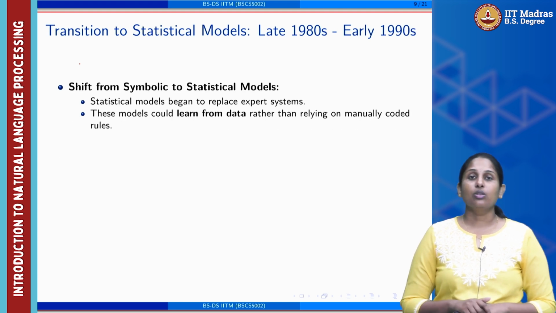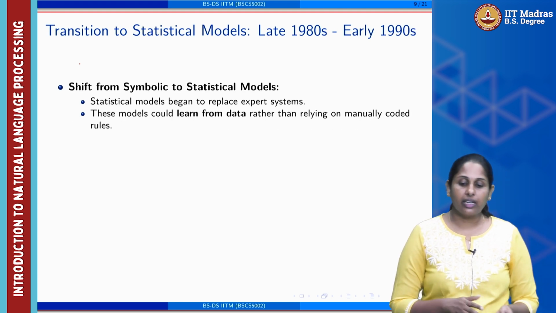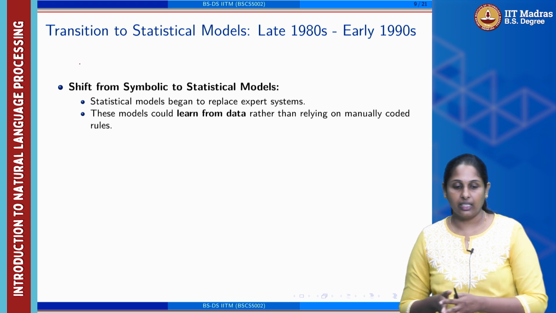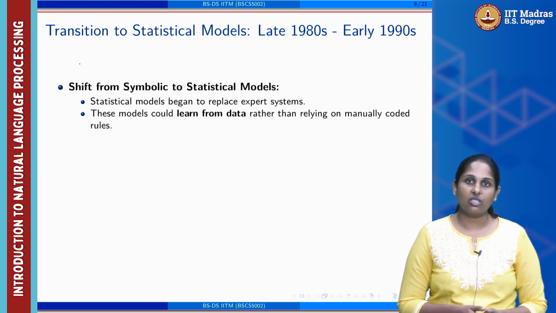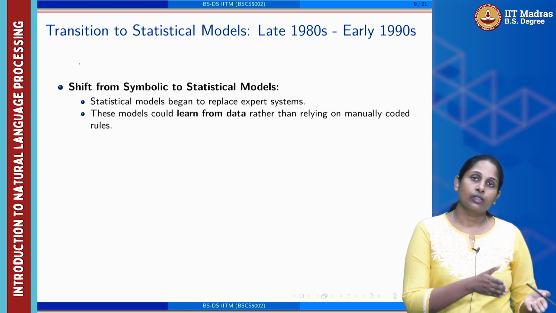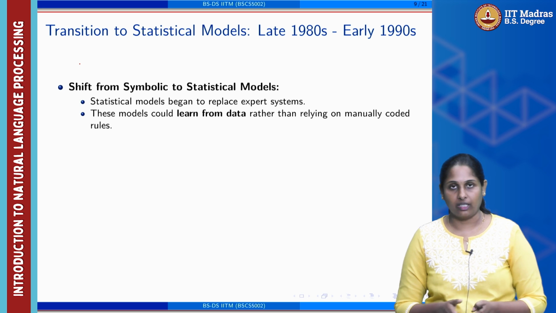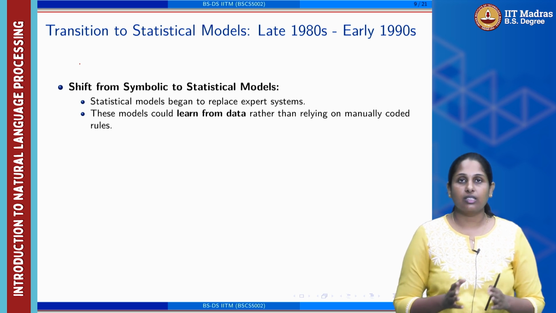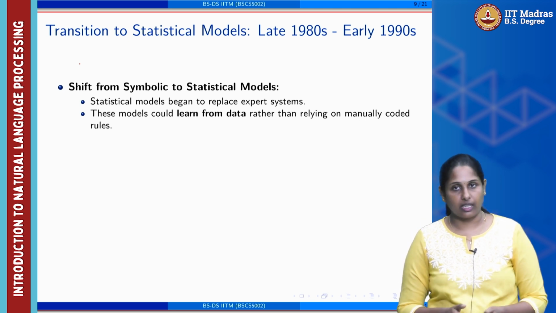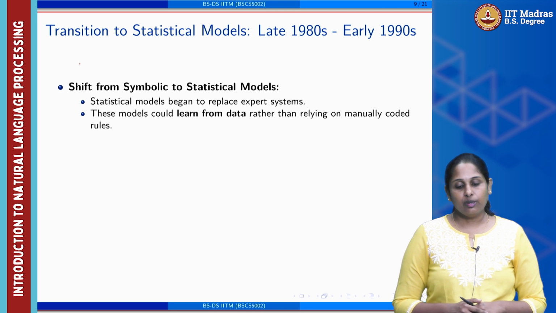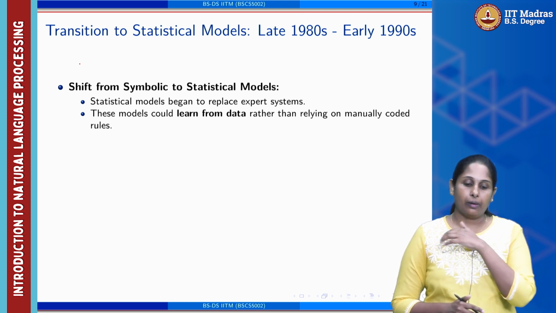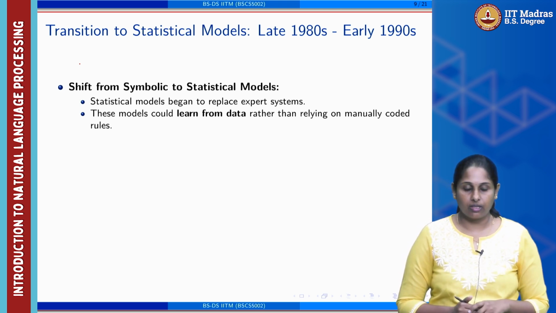From the late 1980s to the early 1990s, there was a transition from expert systems to statistical models. This shift we call the symbolic to statistical modeling era. It started replacing the expert systems.